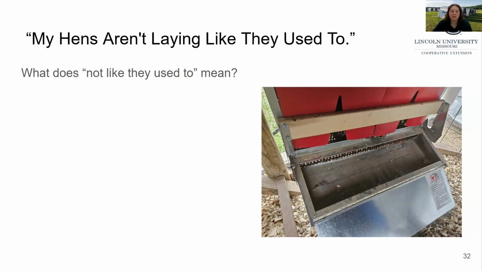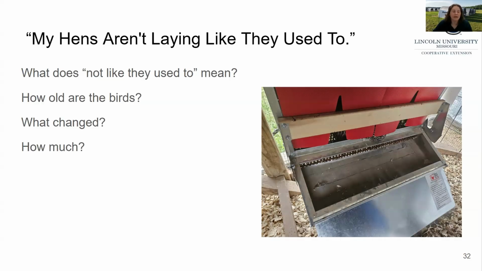So it's important to understand what "not like they used to" means, but also how old the birds are, what changed, how much it changed, how quickly, and what else is happening. And again, one thing to be cautious about is that there can be health problems behind production changes, things like reproductive diseases, tumors.